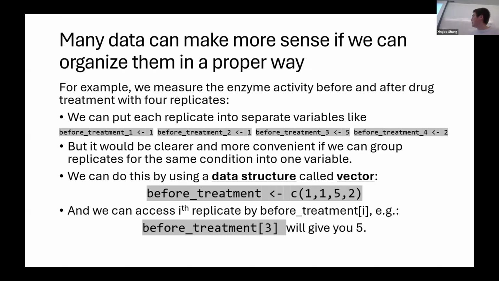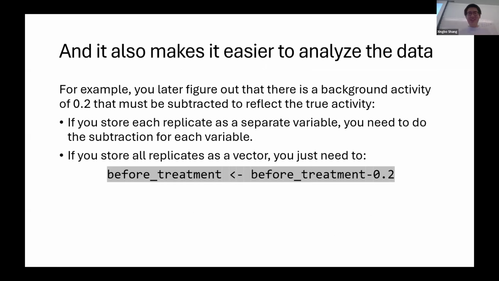Which means to get the first element in the vector, you use square bracket 1 rather than 0. For those of you who are confused about 0 and 1, just the first element is 1. R is more humane than other coding languages. Python starts from 0.